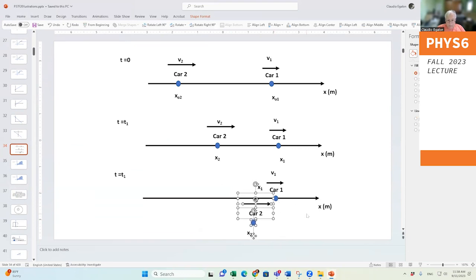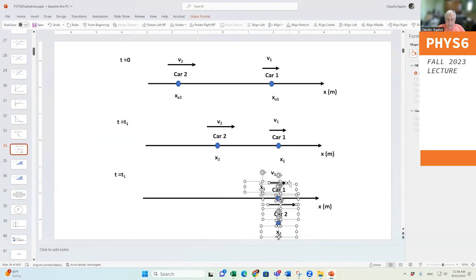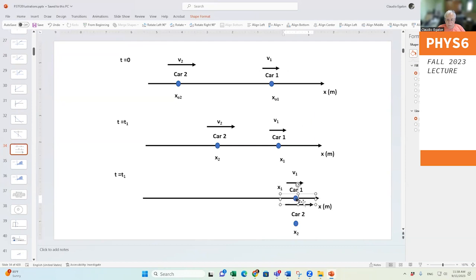That's the instant of time that I want to find out. That's T2. Oh, this should be T. X2 coincides with X1. And by the way, they should be a little bit further down the x-axis. Make sense?